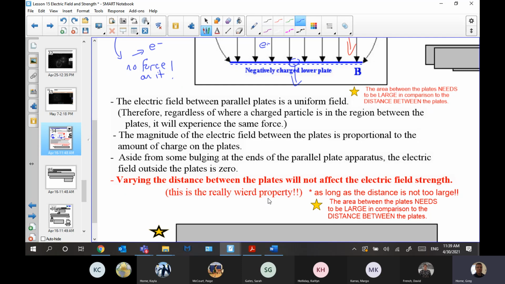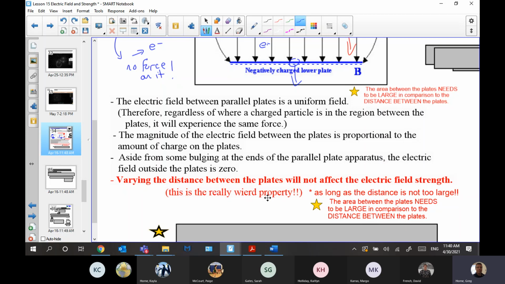On Monday you're going to see what seems like a contradiction to this. In this case, when a charge is built up, voltage is no longer connected. If you double the distance, the electric field strength stays the same.